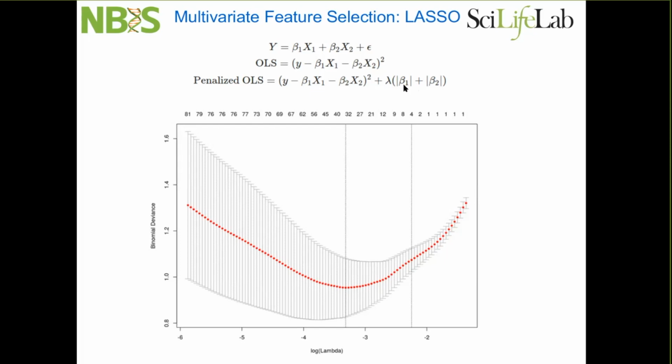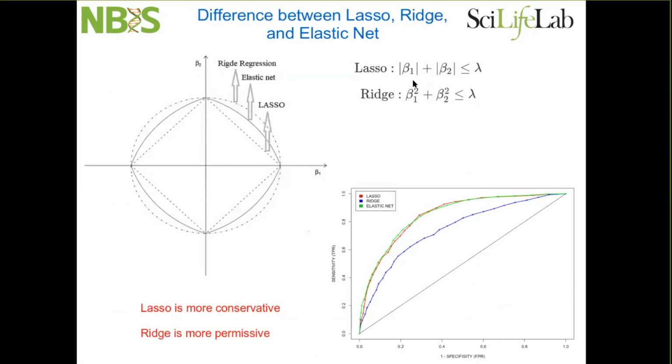You select only the ones that are most informative, the ones that have the largest coefficients, that have the strongest correlation with your phenotype of interest. And basically, Lasso does it in the most conservative way. So you end up with the smallest set of features if you apply Lasso. And this is actually very good for computational biology, because biological data types are very noisy.